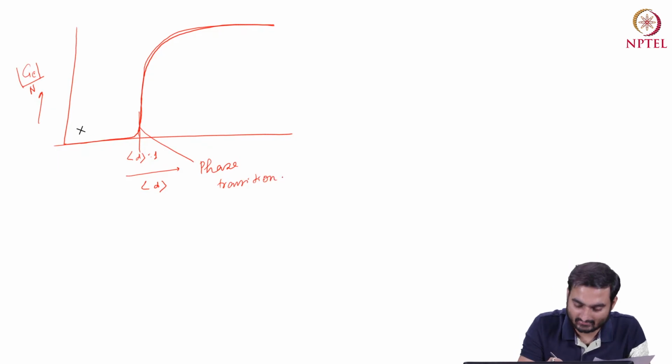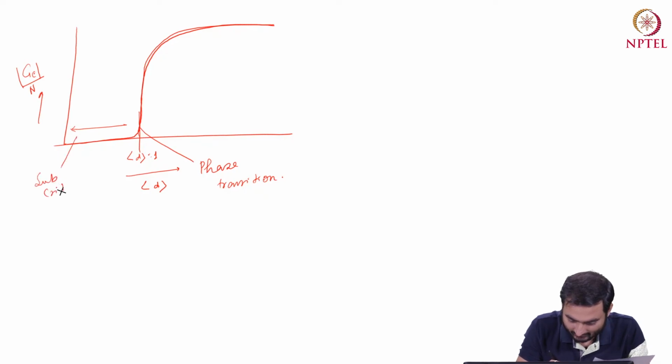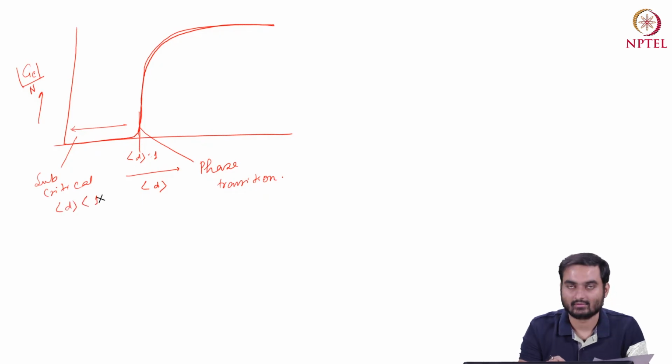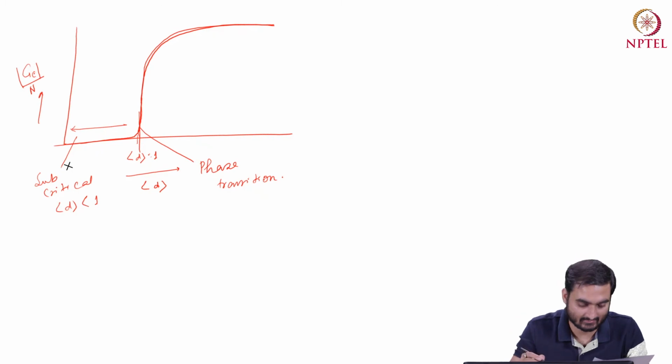This part of the region is called the subcritical region, where mod d is less than 1. At d equals 1 is called phase transition, where the giant component starts emerging.